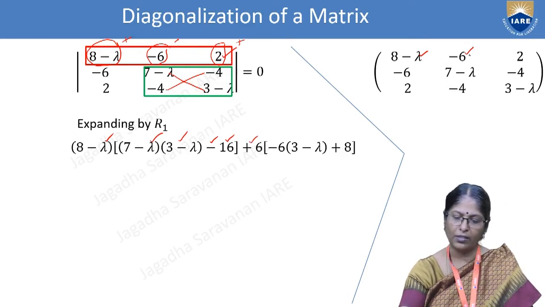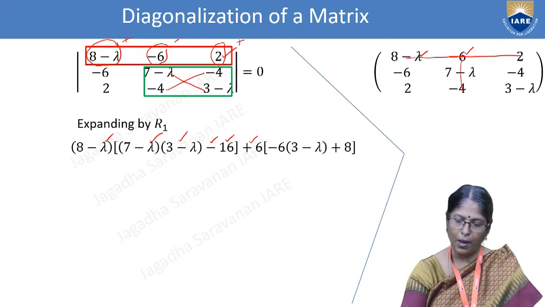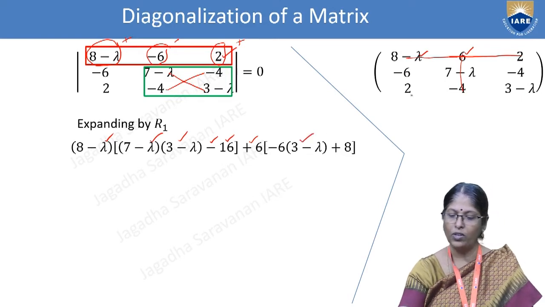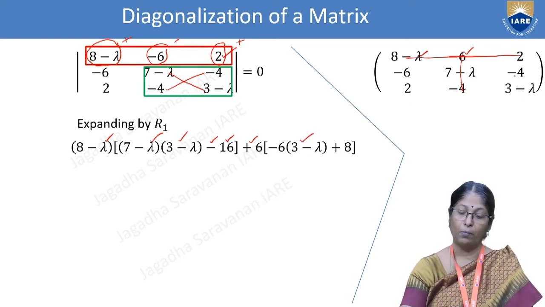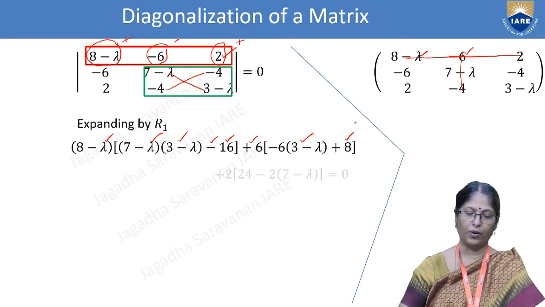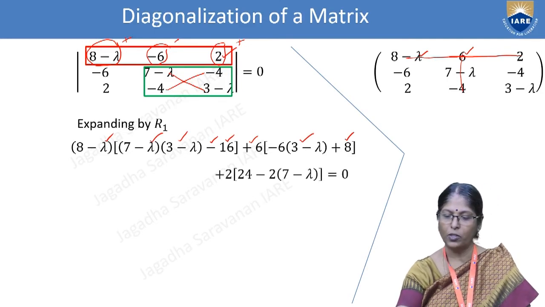Next, for this minus 6 we are taking, the complete column and complete row we have to neglect. The balance part we do the cross multiplication. Here we can see minus 6 into 3 minus lambda, and 2 into minus 4 is minus 8, but we know it is minus of this cross, so plus 8. Now the next one, this position.